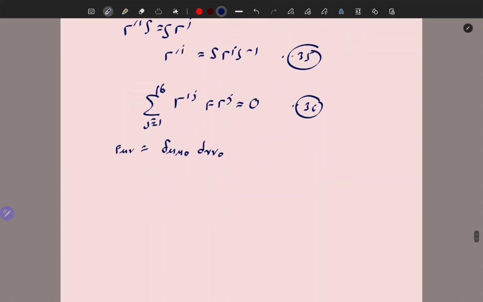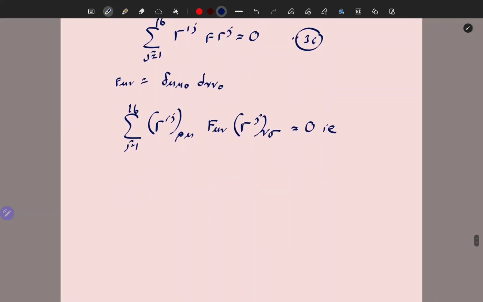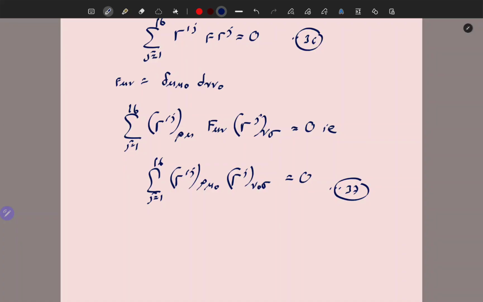Then the above expression is the summation over J equal to 1 to 16 of γ'_J{ρμ} F_{μν} γ_J{νσ} equal to 0. So we can write the summation over J of γ'_J{ρμ0} γ_J{ν0σ} equal to 0. This is equation number 37.